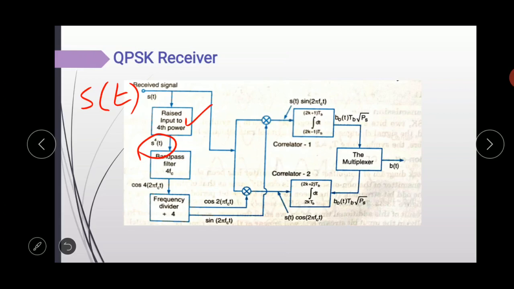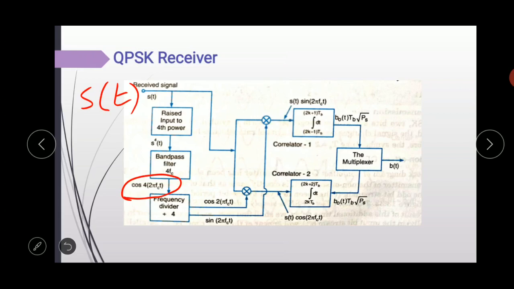Then this signal is filtered by using a band pass filter with a center frequency of 4 omega ct. Because of that, here we get cos 4 2 pi fct.